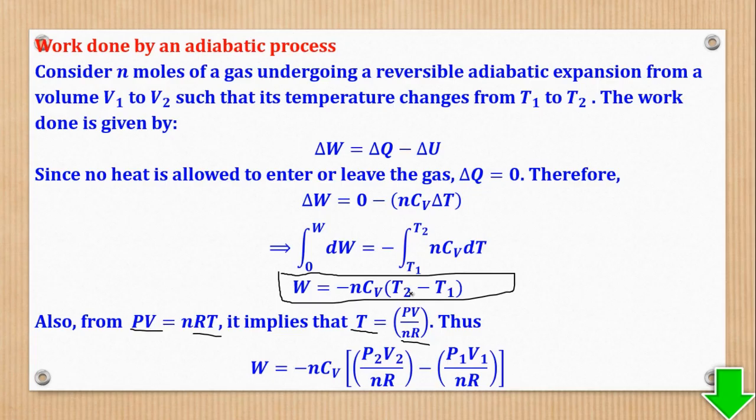But if temperature is not given, is not known, then we have to get the second formula by eliminating T. That's why we say T is equal to PV over nR. So come and substitute for that T here and this T here. When you do that, you shall get this.